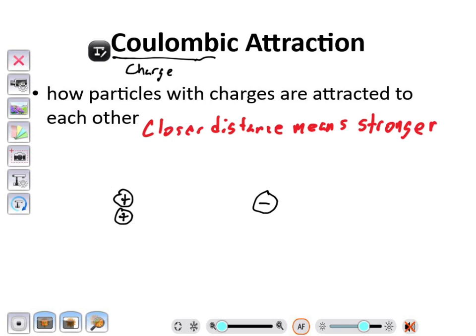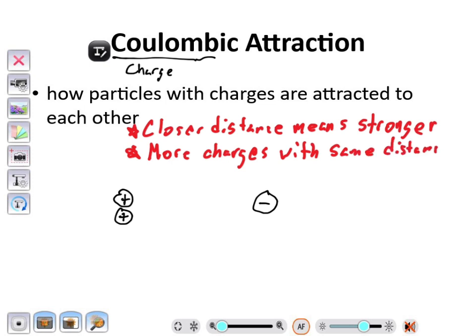So the other thing that affects Coulombic attraction is the number of charges. So closer distance means stronger, and also more charges with the same distance also means stronger attraction.